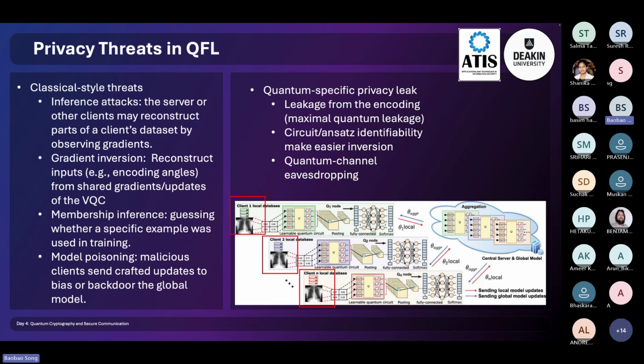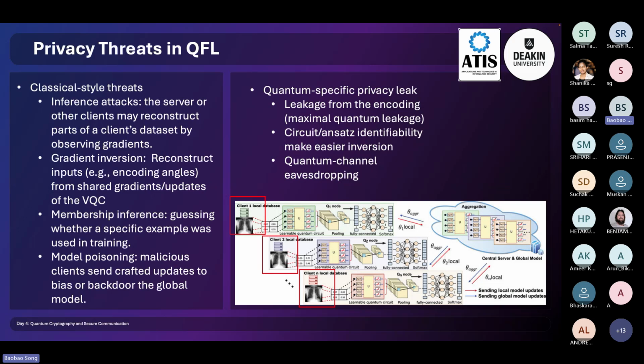And for the quantum-specific privacy leaks, the first is from the encoding, because in the classical part, the data doesn't have to be encoded on qubits or other things, but encoding is a specific step in quantum machine learning. So in this step, privacy leakage can appear.